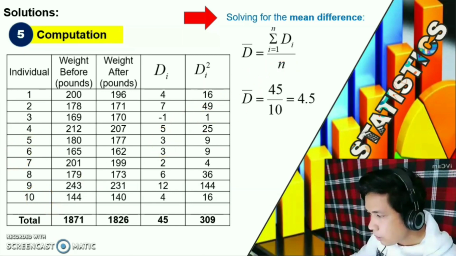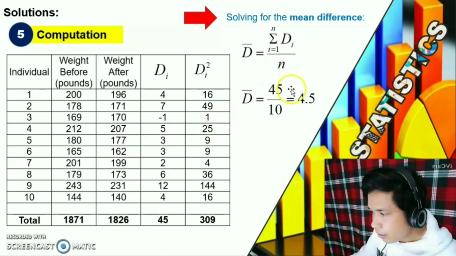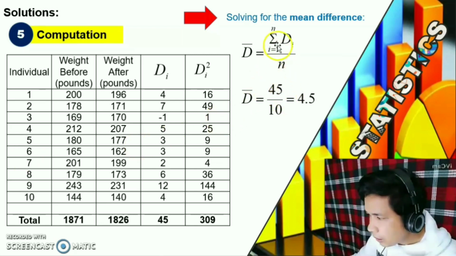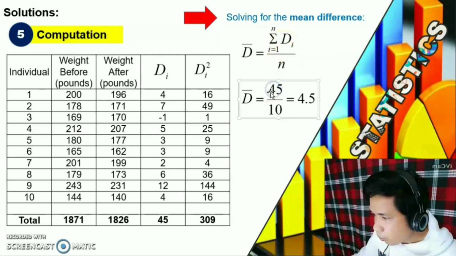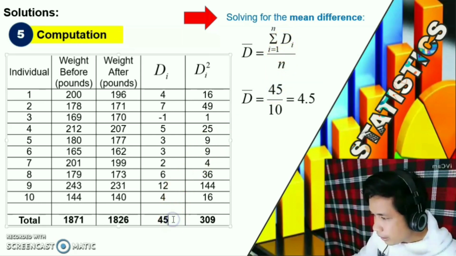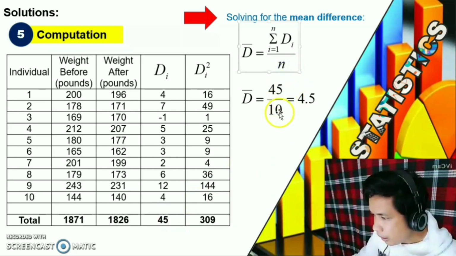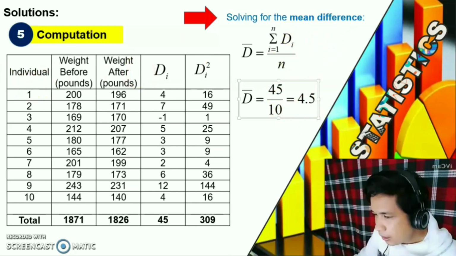By substitution, we get the summation of the difference of the observed values, 45, which we have taken here, and our n stands for 10, which is the number of individuals. 45 divided by 10 is 4.5. Now that is our mean difference.